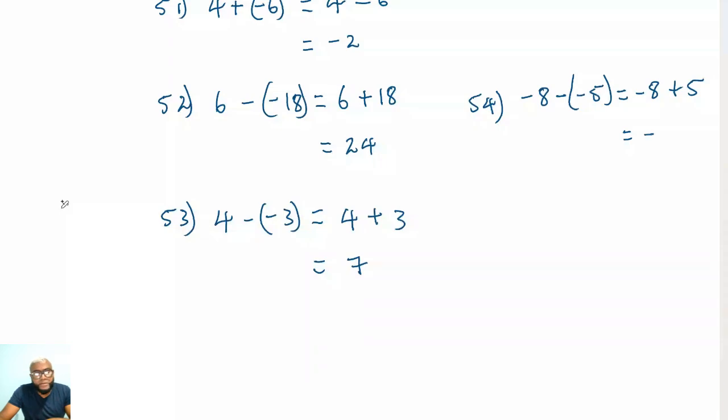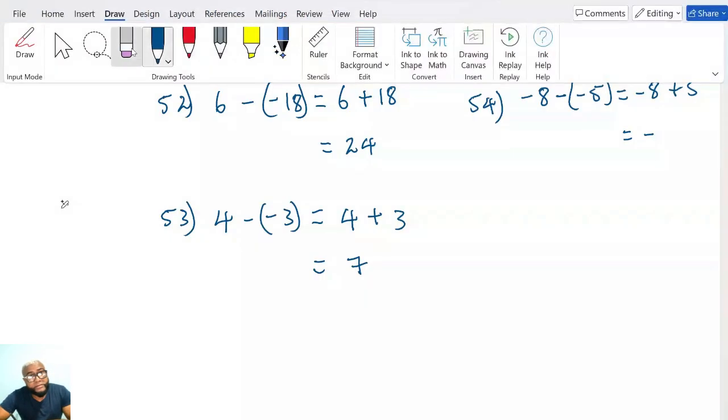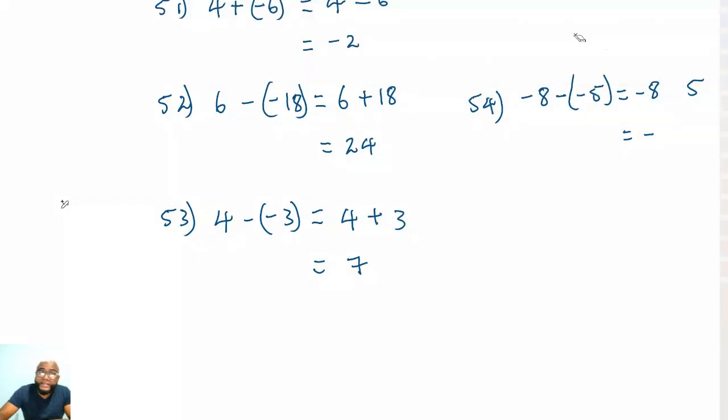Negative 13? No. The two signs are different. So what are you doing here? Minus. Right, so how are you getting 13?